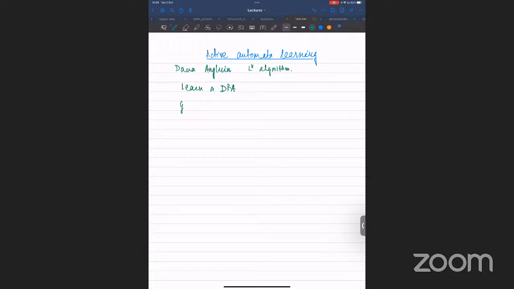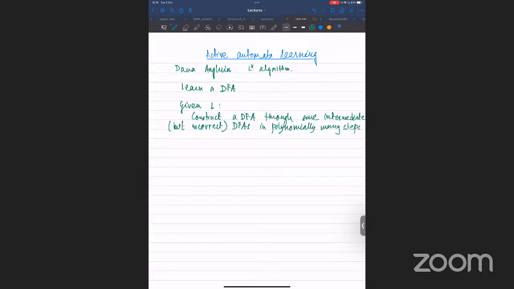Suppose you are given a language L. Now, it may not always be very easy to construct a DFA corresponding to L. This L star algorithm will construct a DFA through some intermediate but incorrect DFAs in polynomially many steps, by successively refining them.